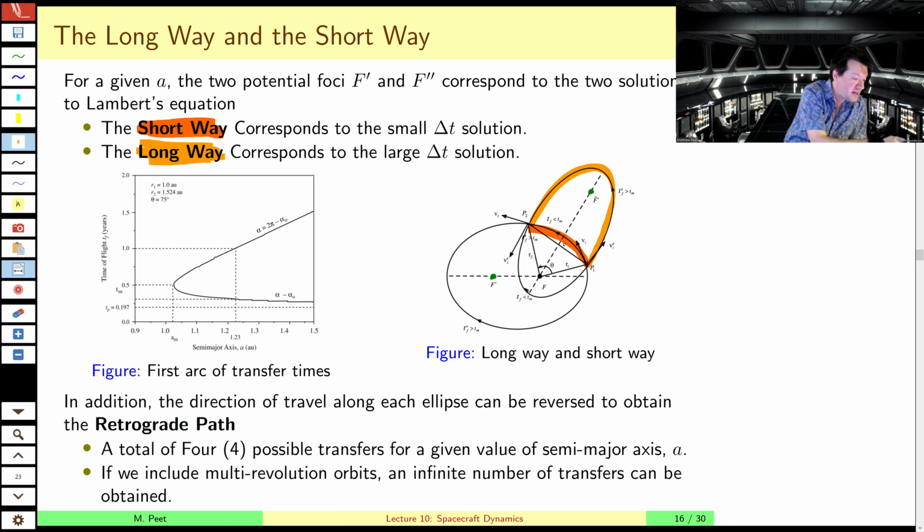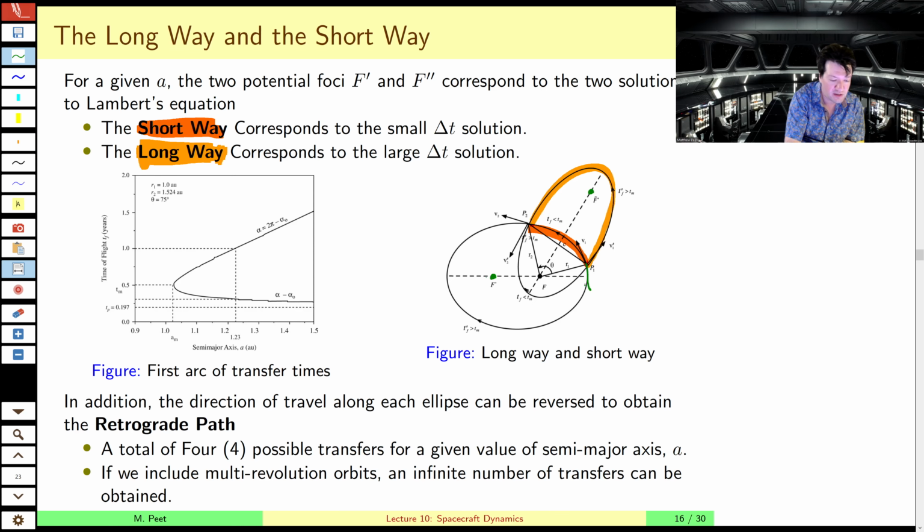So for a given a, there are 2 possible orbits that correspond to this solution. Of course, for a given a, there are also 2 other solutions, which are the same orbits but in different directions.